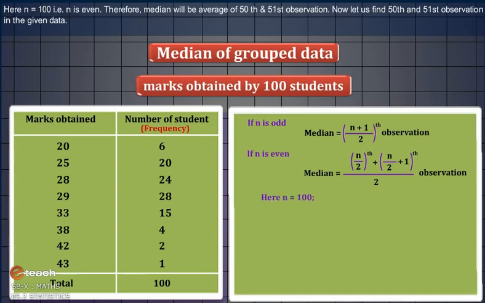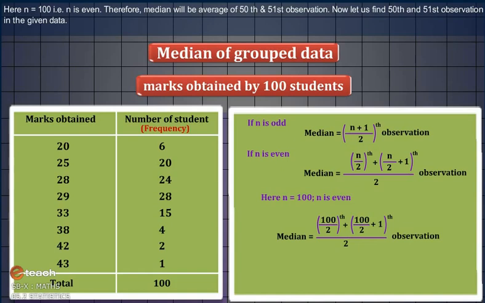Here n equals 100, that is, n is even. Therefore, the median will be the average of the 50th and 51st observations.